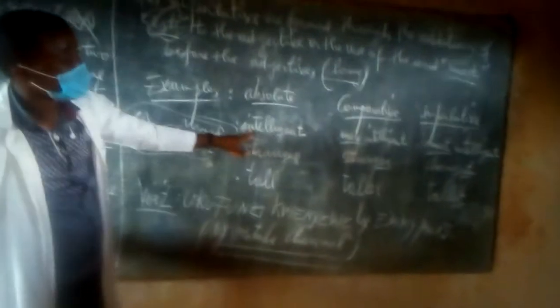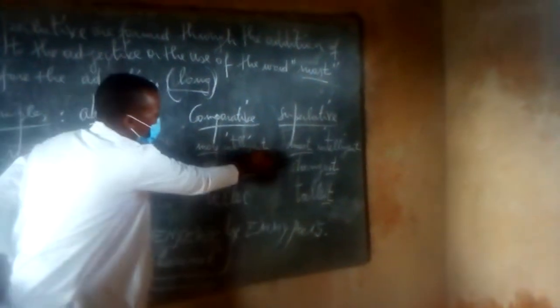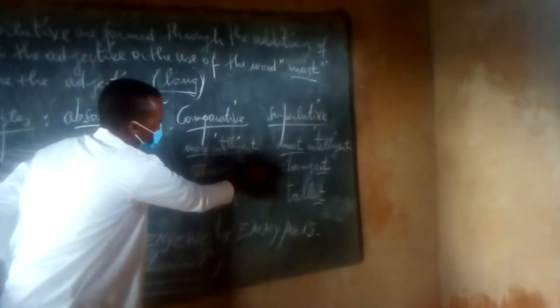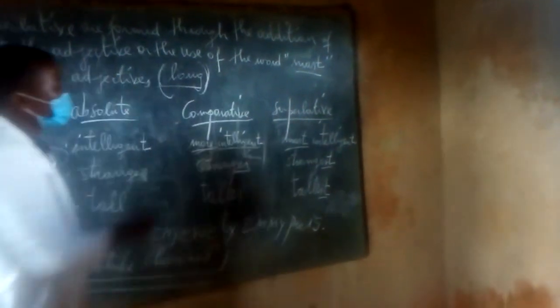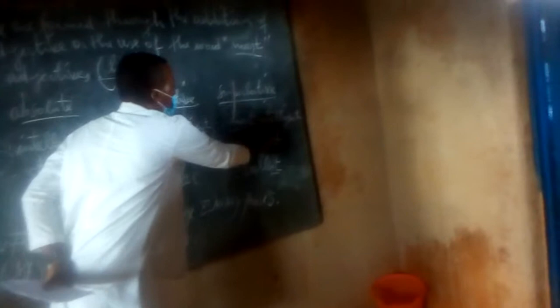Here is an example, we have intelligent. Here we have more intelligent. That is what you call a long adjective, so why do we use more? And here we have most intelligent. Long adjective, so why do we use most before the long adjective?